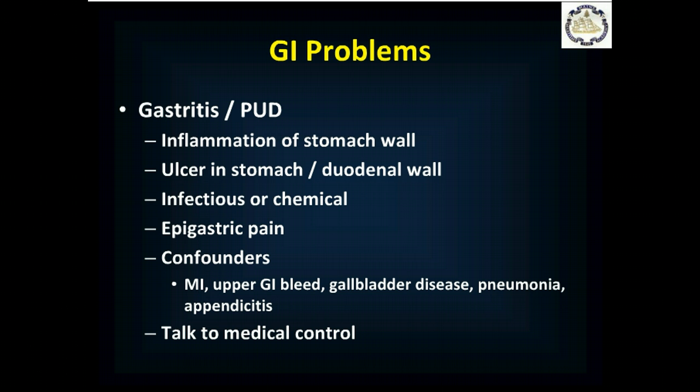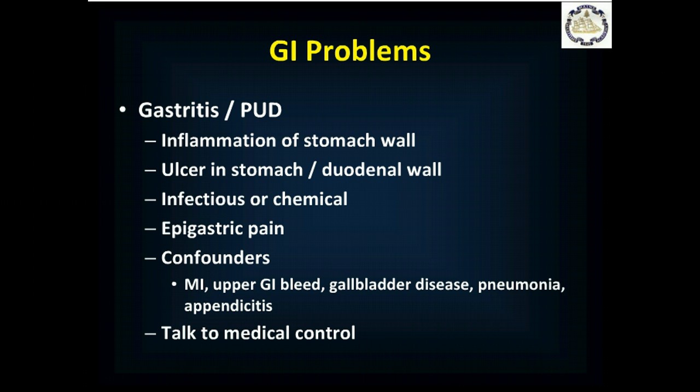It gives you pain in the epigastrium, which is the area just above the stomach, or thinking about it, it's the space between the lower part of your breastbone, what's called the xiphoid process, and your belly button. That's your epigastric area. Again, things that aren't gastritis and peptic ulcer disease that can present like this include a heart attack, an upper GI bleed, problem with the gallbladder, pneumonia, or appendicitis.